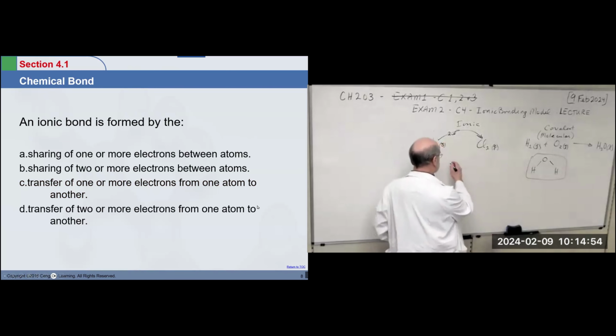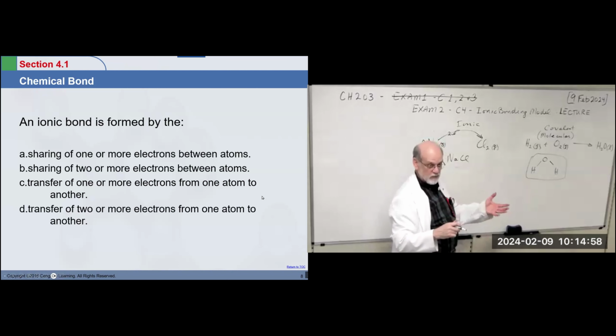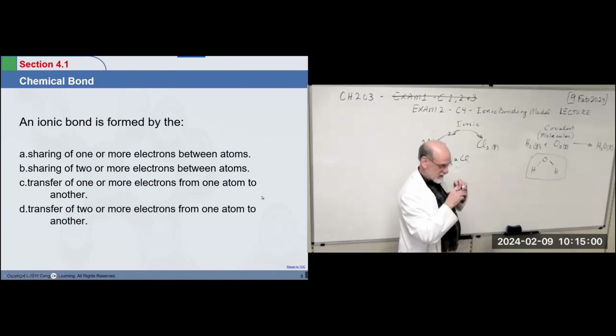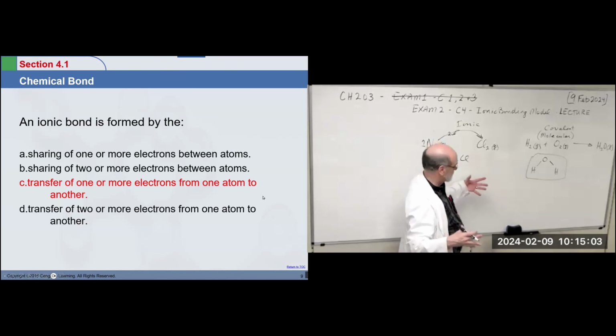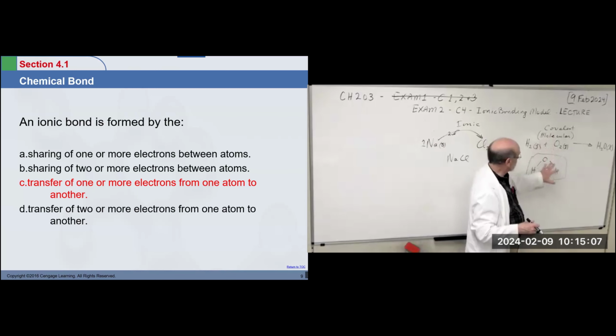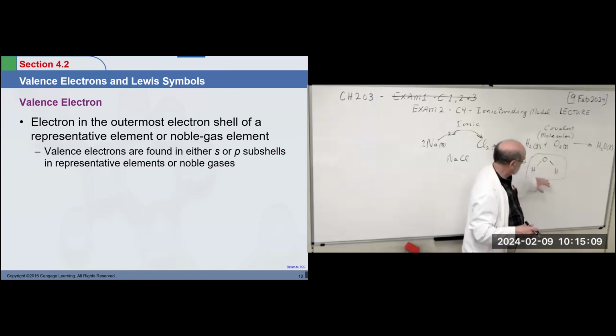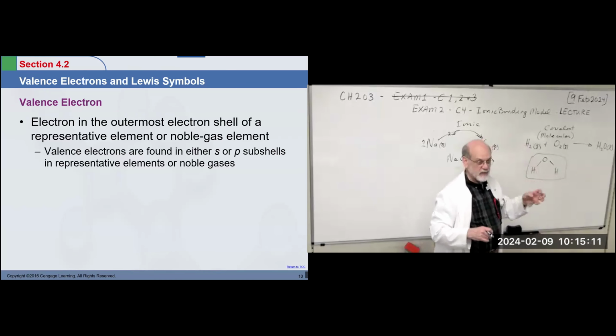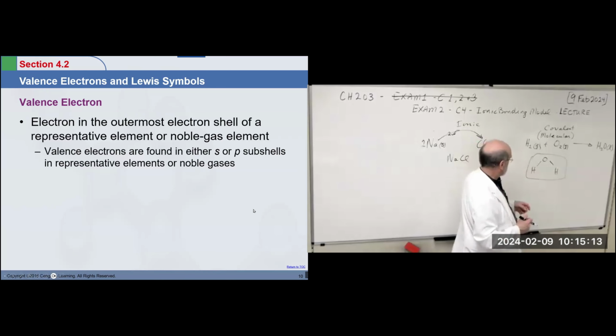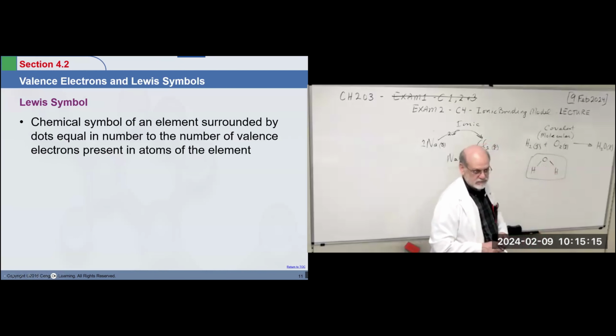Not like this one. This is not a single unit. It's a simplest whole number ratio of an ionic lattice of cations and anions. But for covalent compounds, these are whole units that act independently. And they're called molecules.